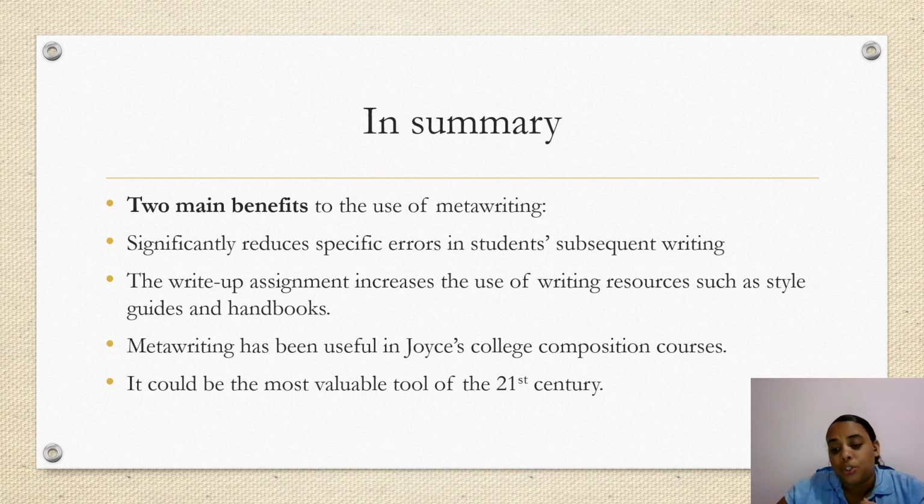Finally, in Joyce's words, he stressed the idea that writing for learning was the most valuable tool of the 20th century, and that meta writing could be essentially the most valuable tool of the 21st century.